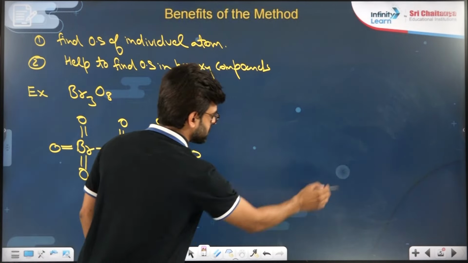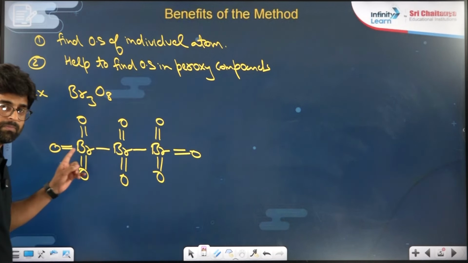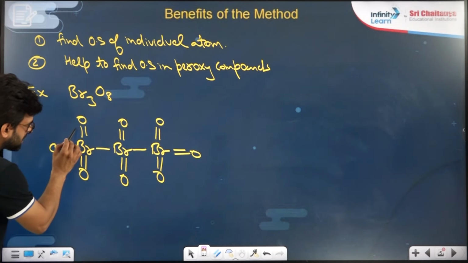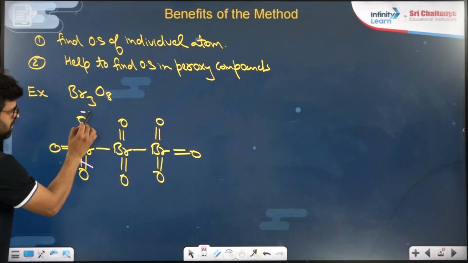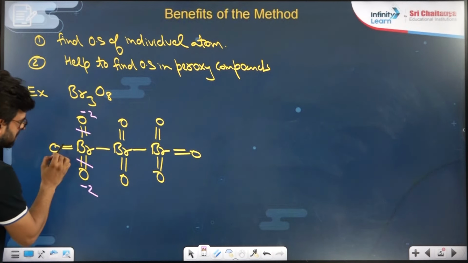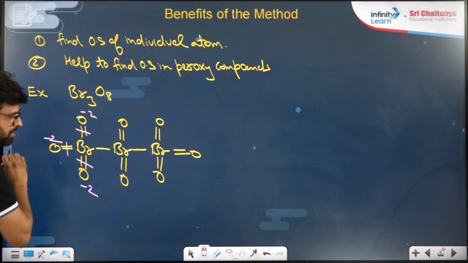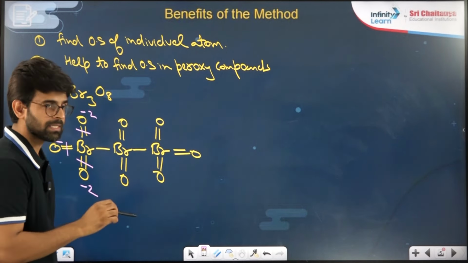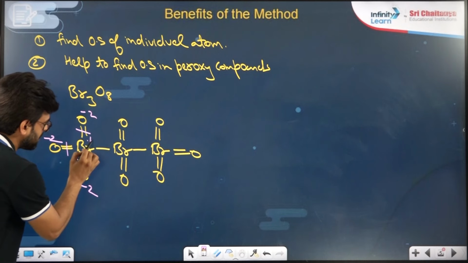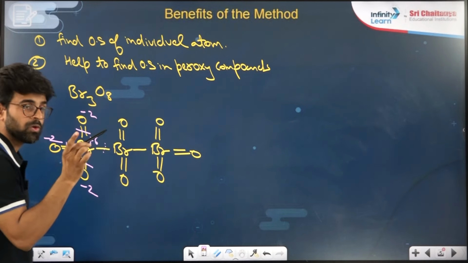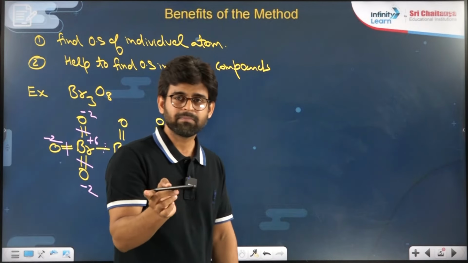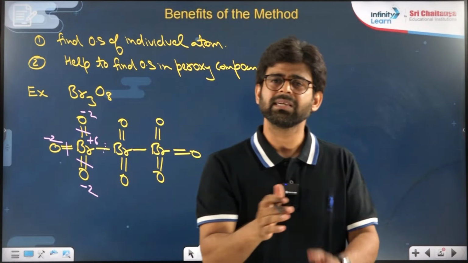What can we do? Now break the bonds of bromine. I am breaking 2 bonds from here, -2 + 2, -2 + 2, -2 + 2. So bromine got +6. And remember, this bond is between the same atom, bromine. If you break a same-atom bond, it gives 0, 0.